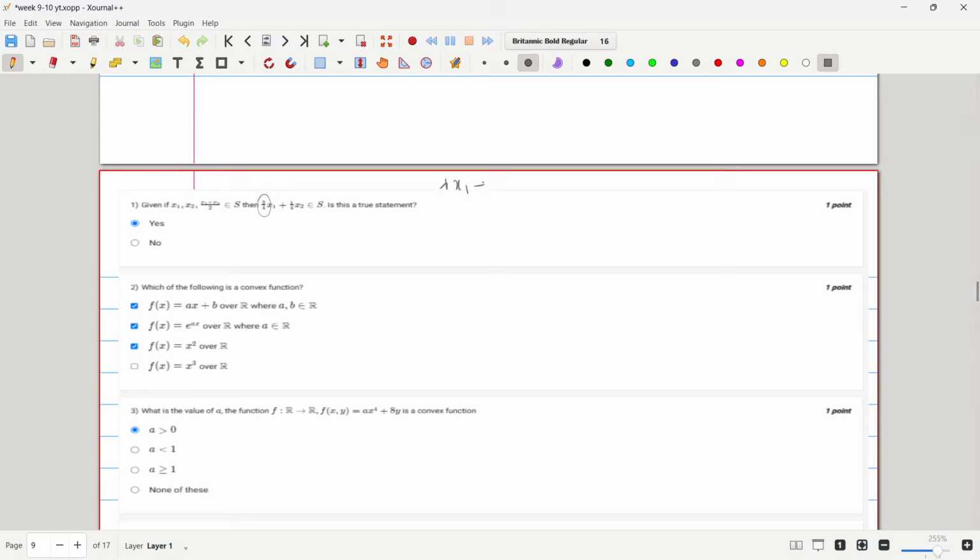It is lambda x1 plus (1 minus lambda) x2, where lambda belongs to [0, 1]. If you put lambda equal to 3/4, it will be 3/4 x1 plus (1 minus 3/4) x2. If you perform the calculation, you will see 3/4 x1 plus 1/4 x2. As you can see, this is the same expression here, so it belongs to the convex set.